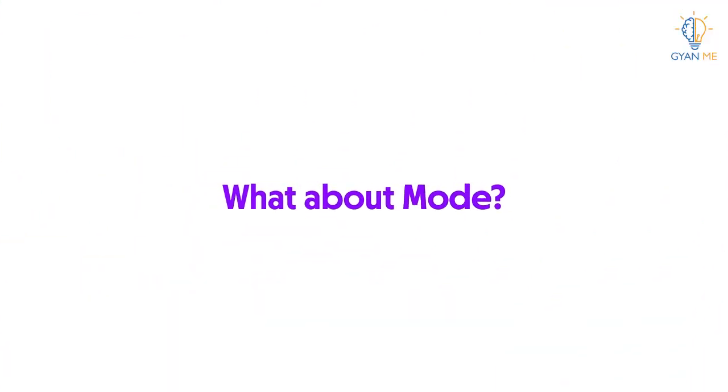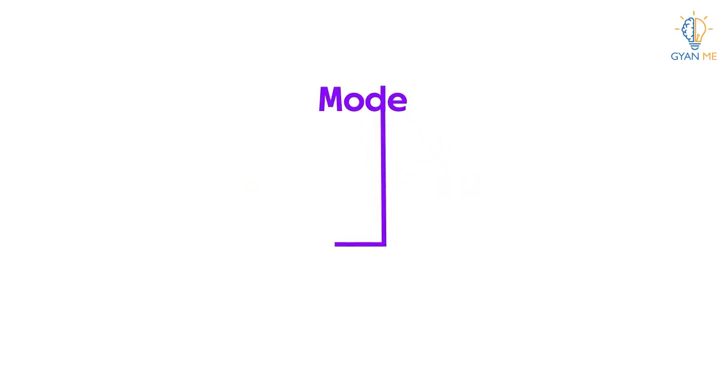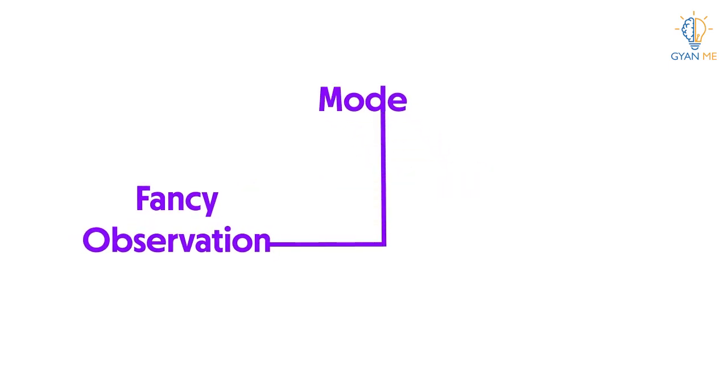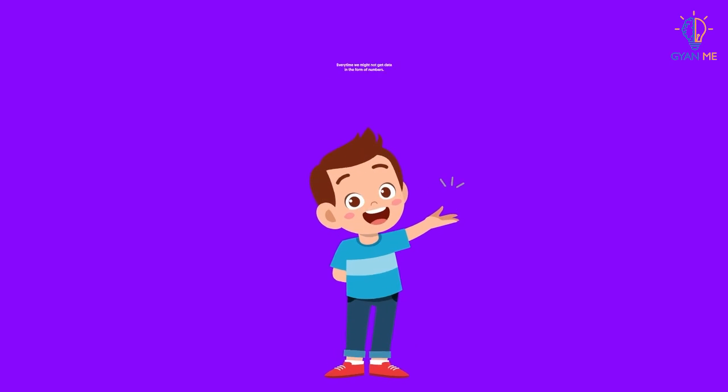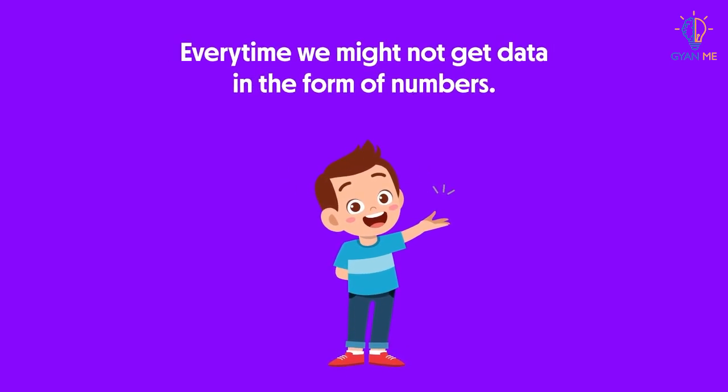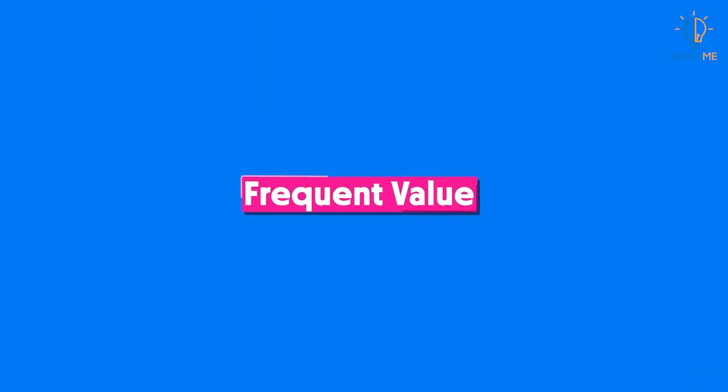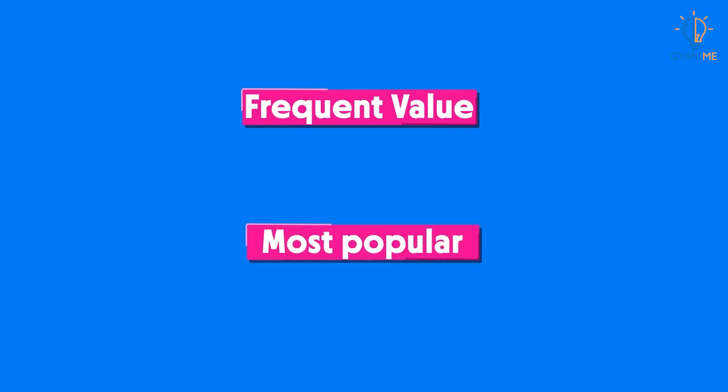But what about mode? Students, recall that mode is the most frequent observation or most repetitive observation in the whole data set. Students, every time we might not get data in the form of numbers. In some situations, we require to figure out the most frequent value or most popular item.